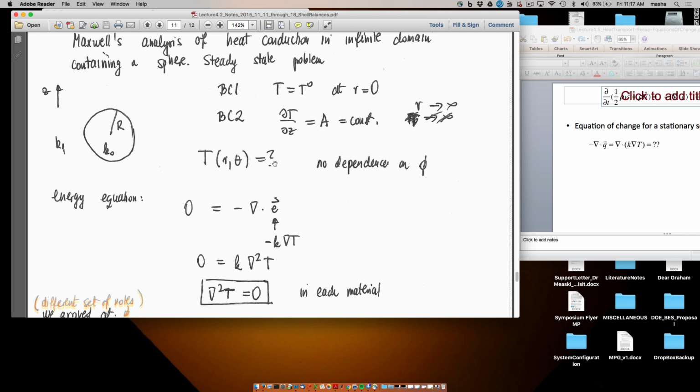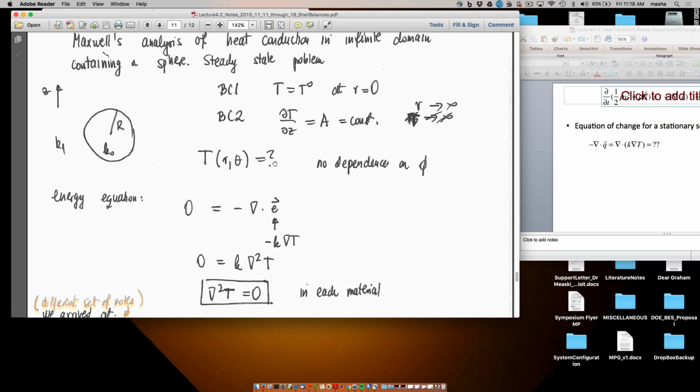What I want you to do now is go to the textbook. I think I solved that problem in class or during the review, problem 4B5, steady potential flow around a stationary sphere.